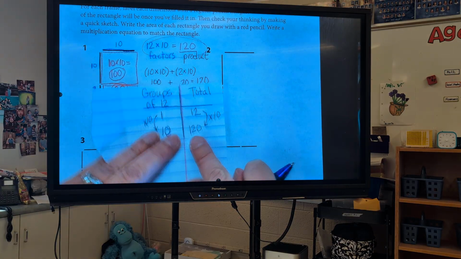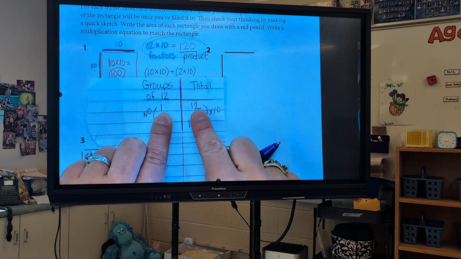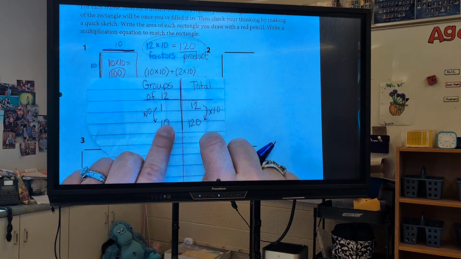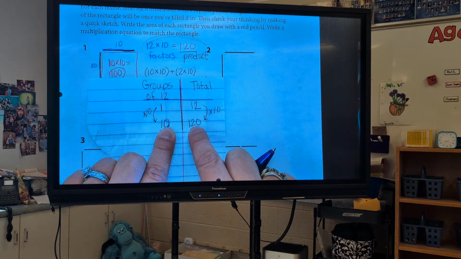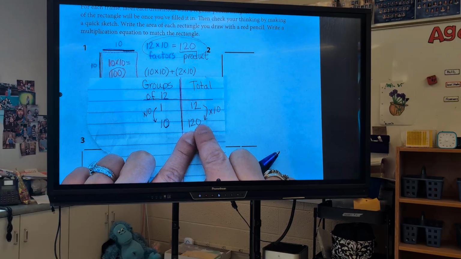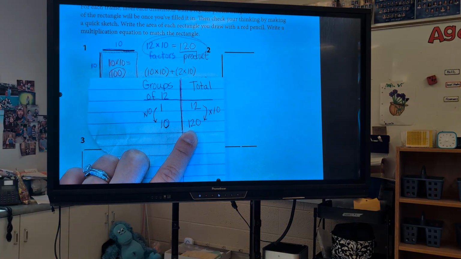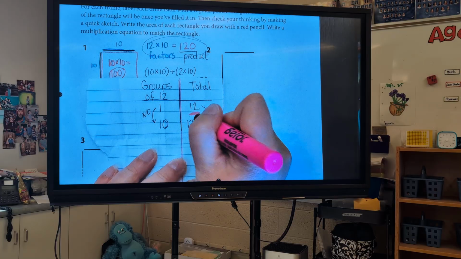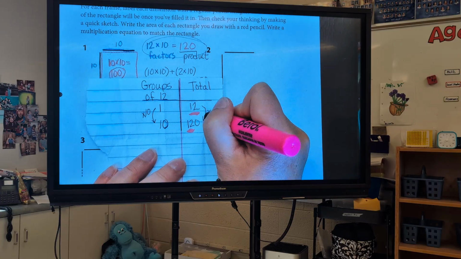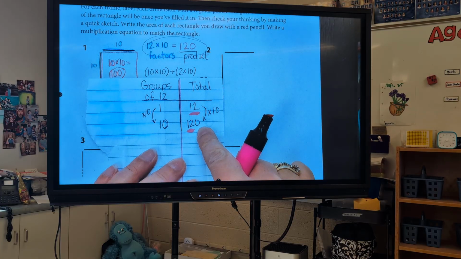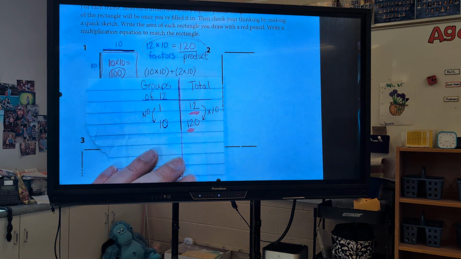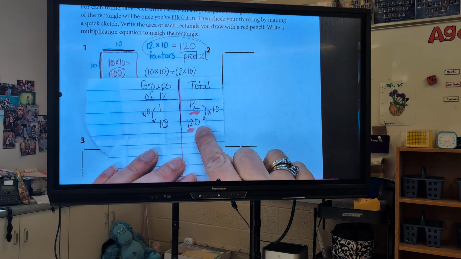Notice that when I had 1 12, it was 12. When I had 10 12s, it was 120. The digits look the same over here. So I have the 1 and the 2, and the 1 and the 2, and this time I added a 0 on the end. So the pattern ends up being that when you multiply by 10, you have a 0 on the end.